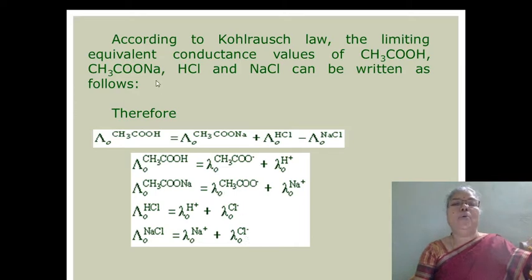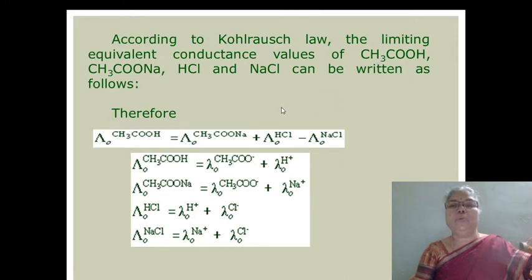And the Kohlrausch law is used to determine the equivalent conductance of weak acids. Suppose, for example, we have to determine the λ0 of CH3COOH, that means acetic acid.